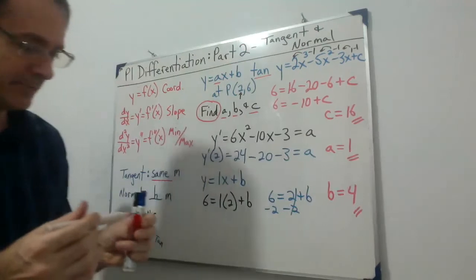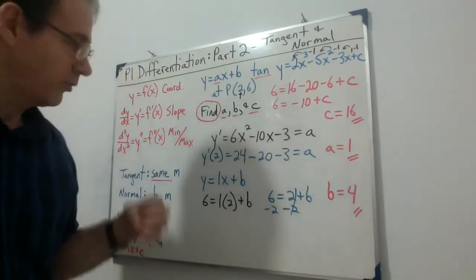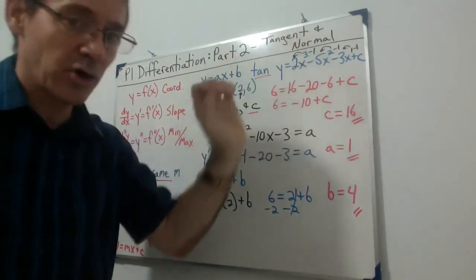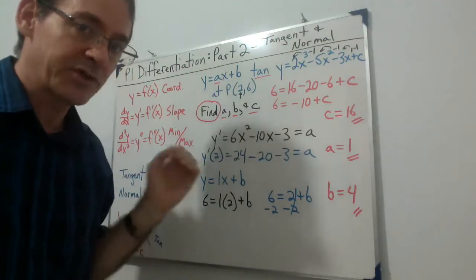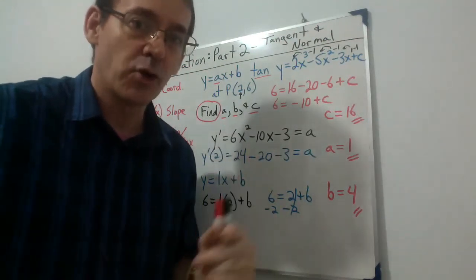Okay, so there's our ABC using the concept of derivatives, which is slope, with either a tangent line or normal line. Now our first 2 examples were tangent lines. Our next 2 examples will be the normal line.